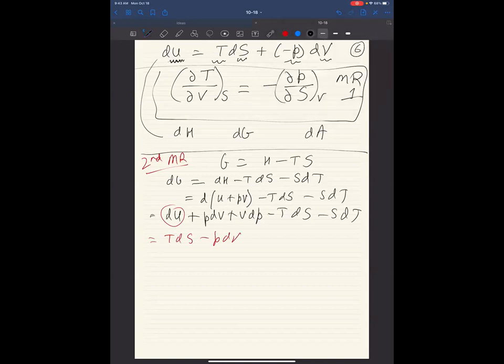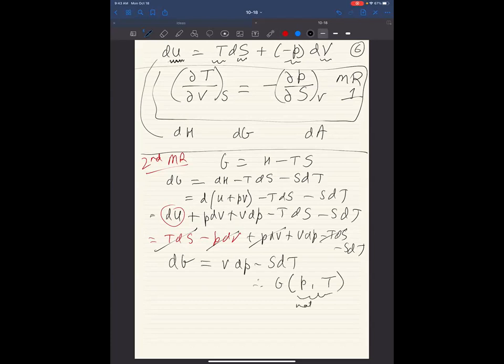And plus this other stuff, plus PdV, plus VdP, minus TdS, minus SdT. Now a few things cancel out. TdS minus TdS, minus PdV plus PdV, and suddenly we are left with VdP minus SdT. dG is equal to VdP minus SdT. This is equivalent to the integrated first and second law of thermodynamics. And therefore, the natural variables for G are pressure and temperature.